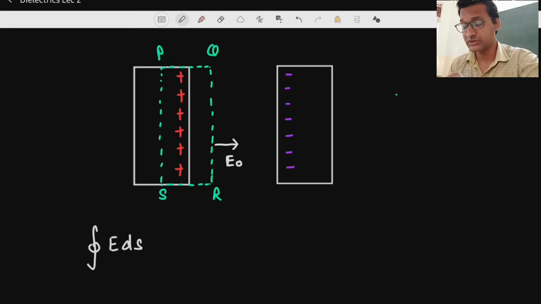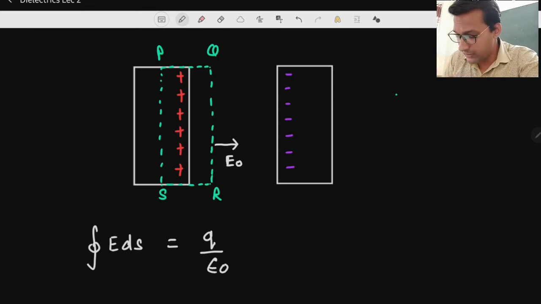The electric flux through this, that is integration of E into dS, is equal to the net charge inside this surface divided by epsilon naught. Now the charge inside this surface is the charge which is present on the metal plate.